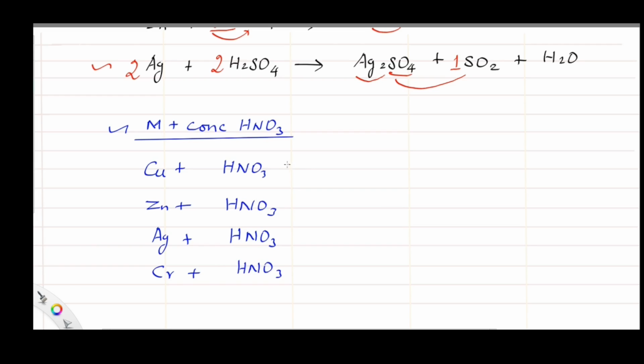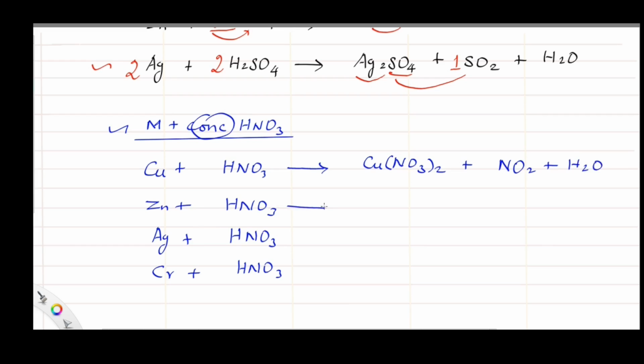What are the products? When copper reacts with nitric acid, we get copper nitrate. The formula of copper nitrate is Cu(NO3)2, and since it is a concentrated acid, we get nitrogen dioxide as a byproduct, and water is also a product.